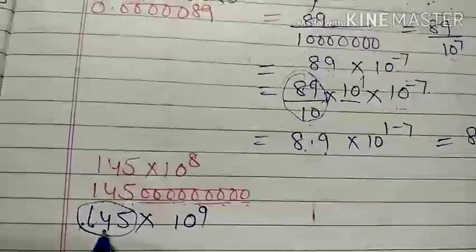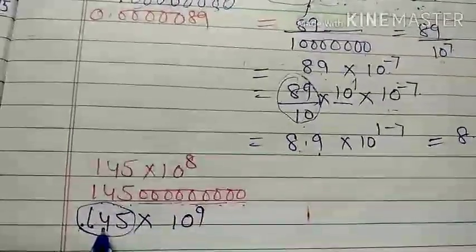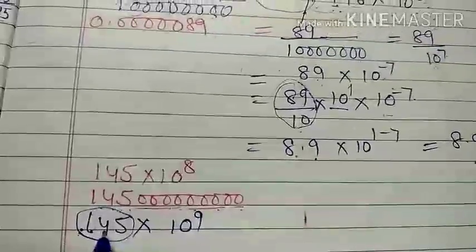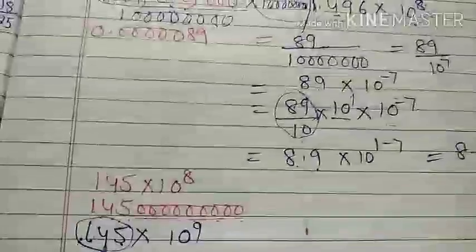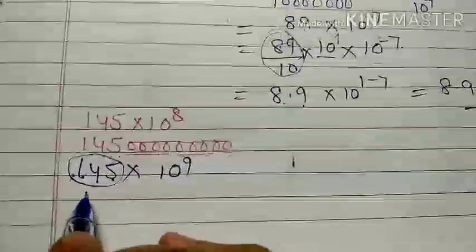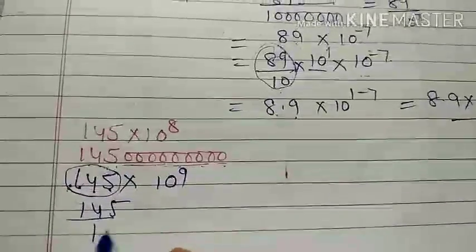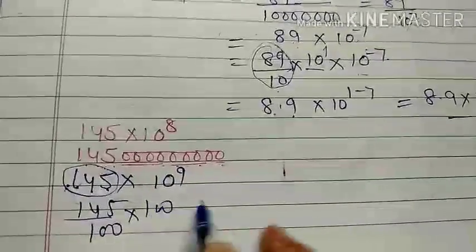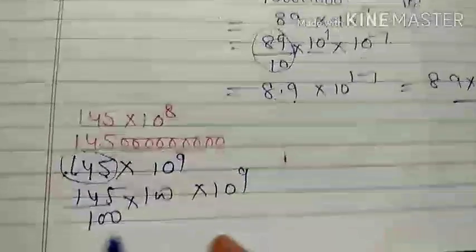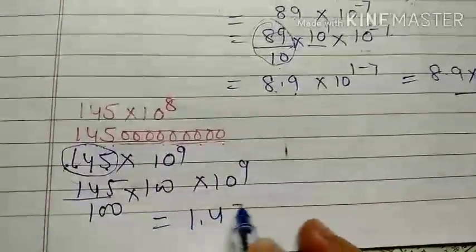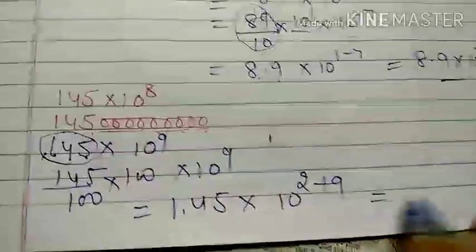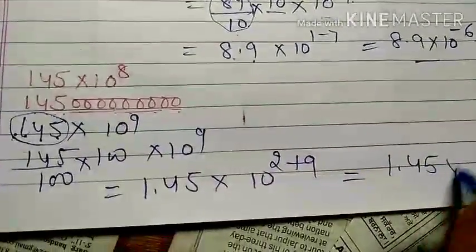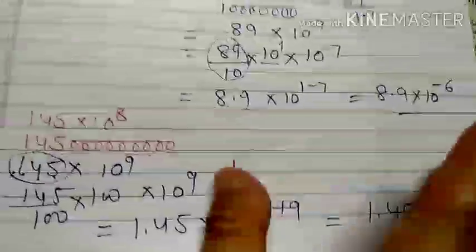So I check how many digits I want to keep under the decimal, 1, 2 from the right side, only 2 digits. So I multiply and divide by 100, with 10 raised to power 9. That changes into 1.45, and 10 raised to power 2 plus 9 gives me 1.45 into 10 raised to power 11.